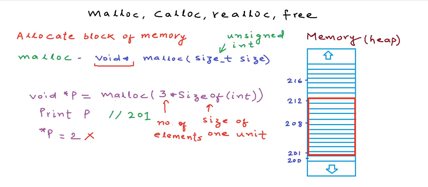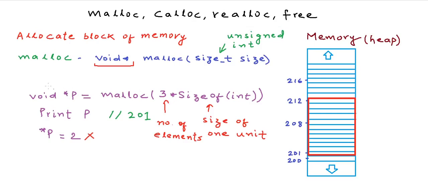Because malloc itself is a generic function to allocate some number of bytes in memory in the heap, it does not care whether you are allocating this memory to store a character or an integer or any other data type. It simply returns a void pointer to the starting address. To use this block of memory, we first need to typecast this void pointer into a pointer of some data type.